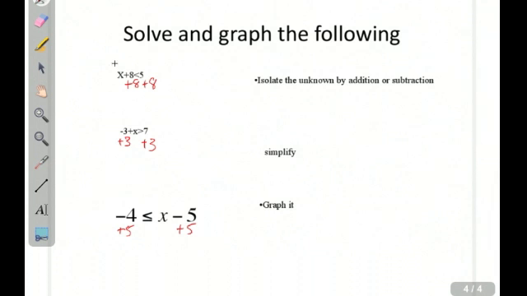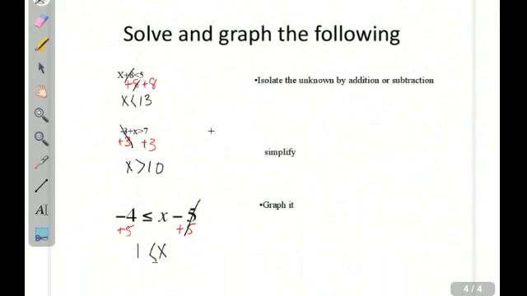And what that's going to do is allow me to cancel this, and I'm left with x is less than 13. These cancel. I'm left with x is greater than 10. And finally, these cancel, and I'm left with x is greater than or equal to 1.